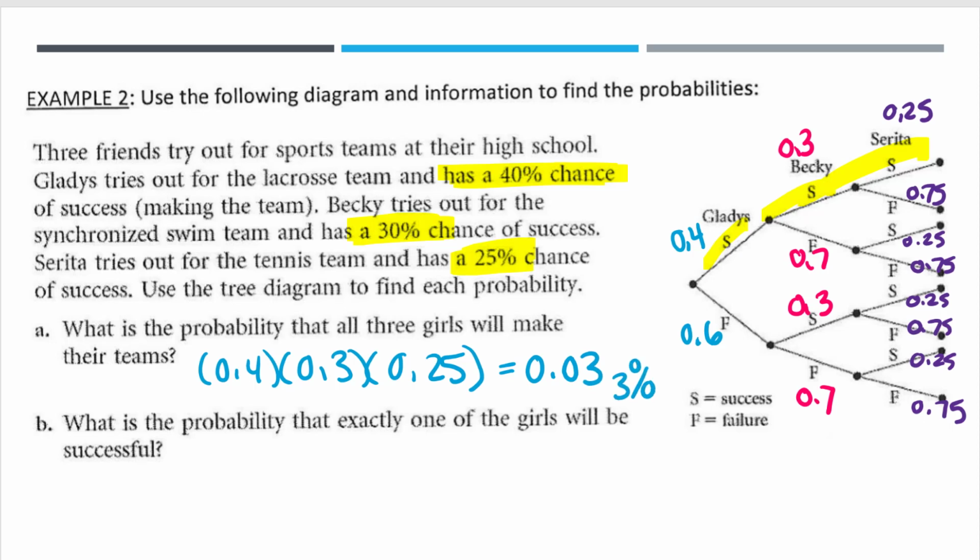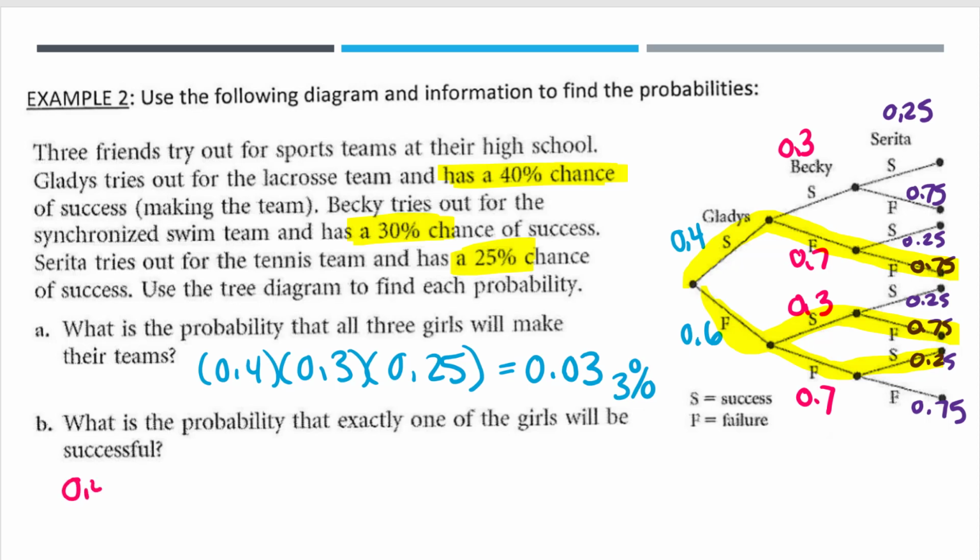The next one says, what is the probability that exactly one of the girls will be successful? So we first have to look at which branches have 2 failures and 1 success. So I've highlighted the 3 branches. Then we take each branch and multiply it.